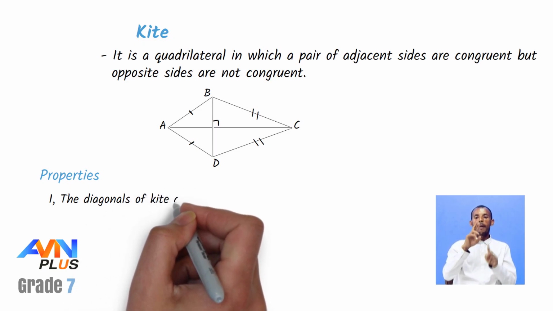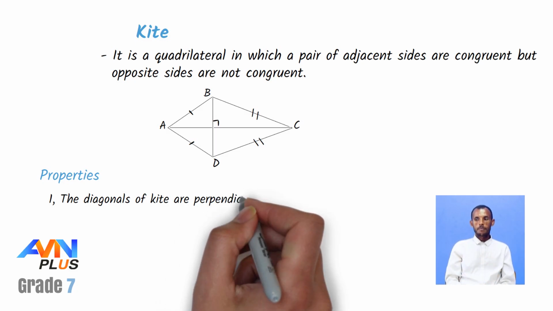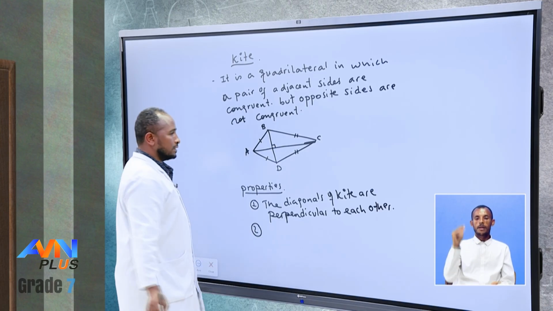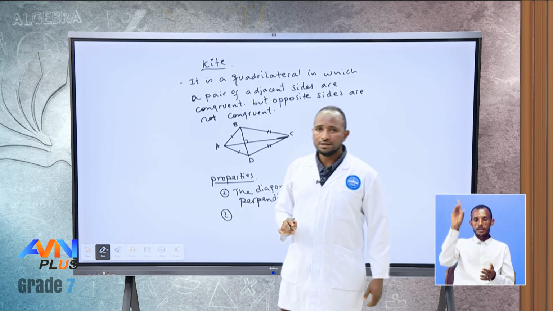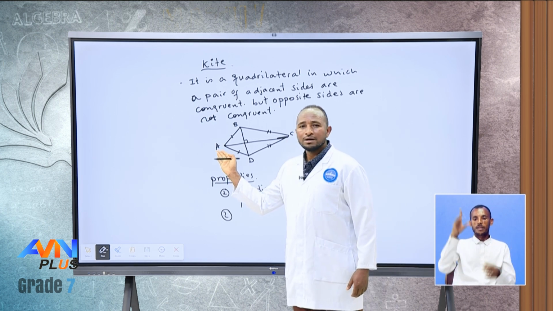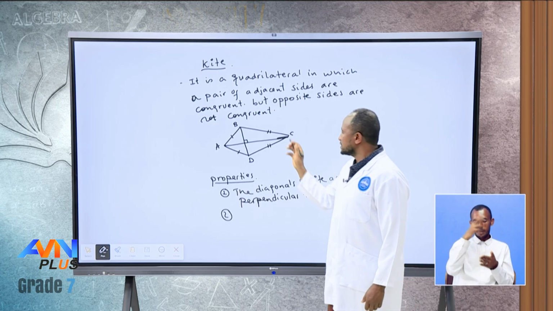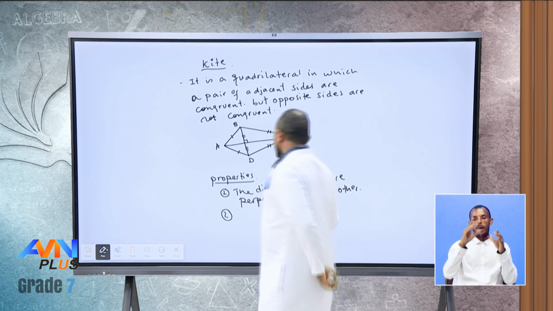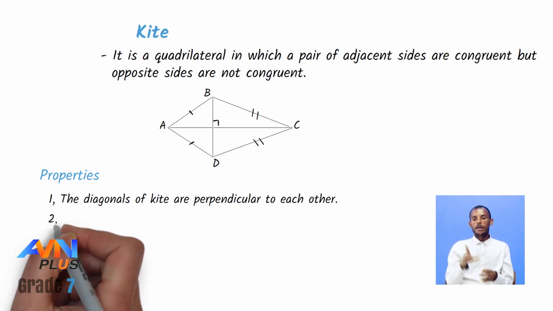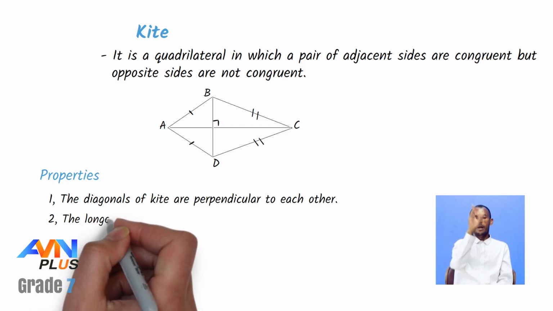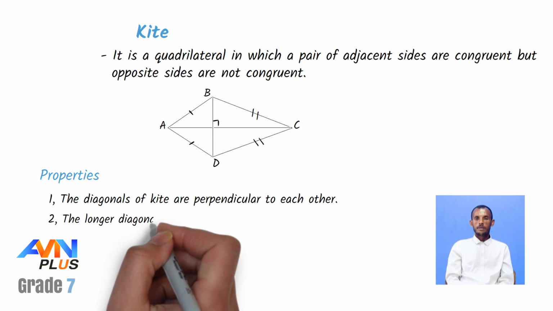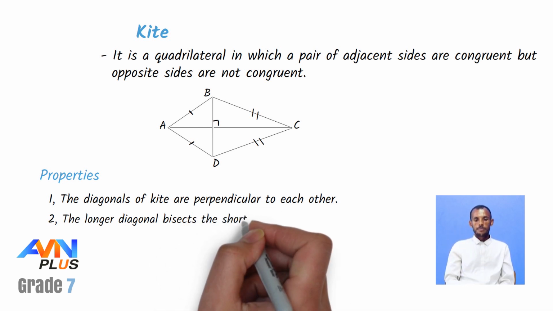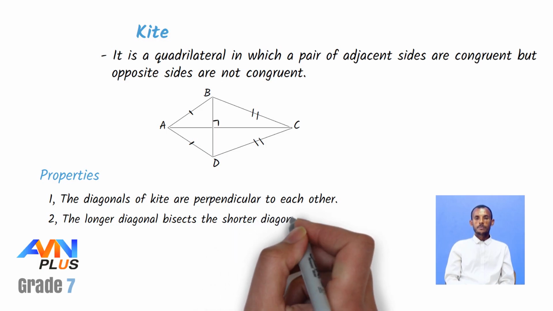And again, in the case of a kite, the diagonals do not bisect each other, but the longer diagonal bisects the shorter diagonal into two equal parts.